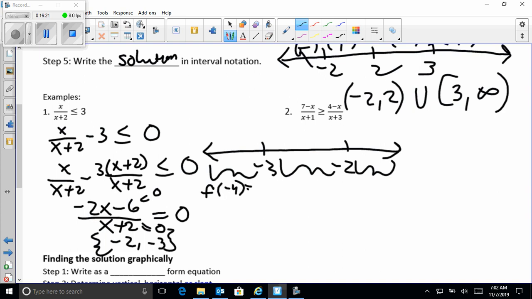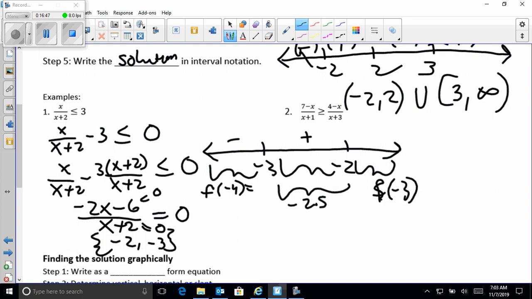-4. When we plug that in, we end up getting something that is negative. And we check this region, probably with a fraction, probably best to use your calculator, -2.5. Plug that in, and we get a positive value out. And then we'll test this other region with -3.